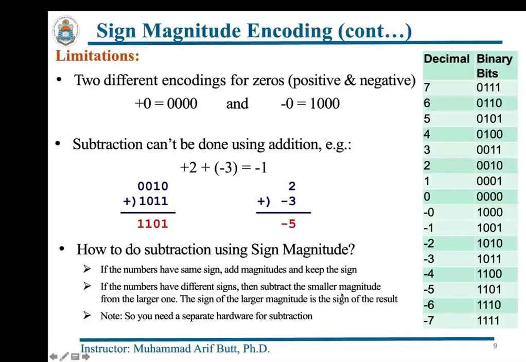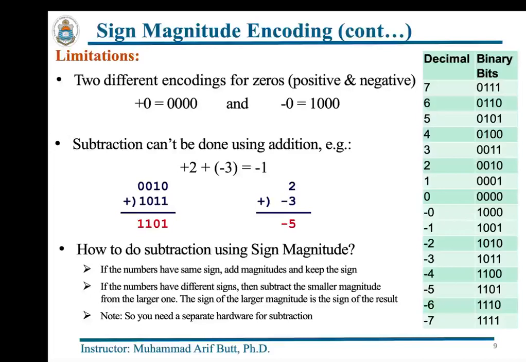This is what we are used to while doing arithmetic from kindergarten onward. But we need separate hardware for subtraction if we want to go for this algorithm. While in most computers, we use just addition to do the subtraction as well. So this sign magnitude way of encoding is not used inside our computer system.